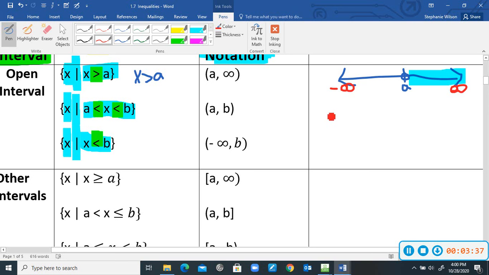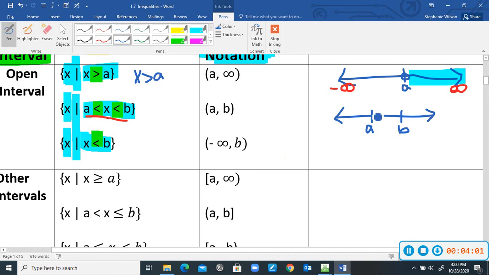So let's do the next one. It says that we have a is less than x and x is less than b. So let's draw that out right quick. We have a and b on here. So I'm going to put a probably about right here, and b about right here. And there is no equal to sign on a or b.